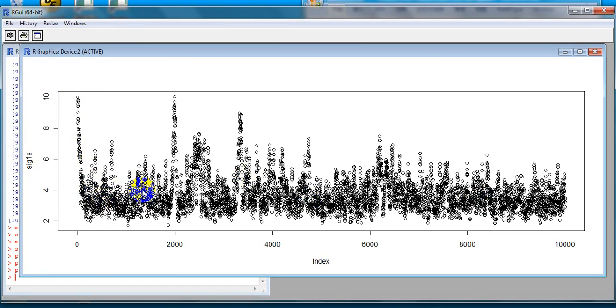It does not mean that sigma 1 cannot be 10, but the chance for sigma 1 equal to 10 is very, very small, right? So the most probability density is between 2 and 4. Again, we can take 1,000 steps as the burn-in part, discard the first 1,000 steps and take the following part as stable.